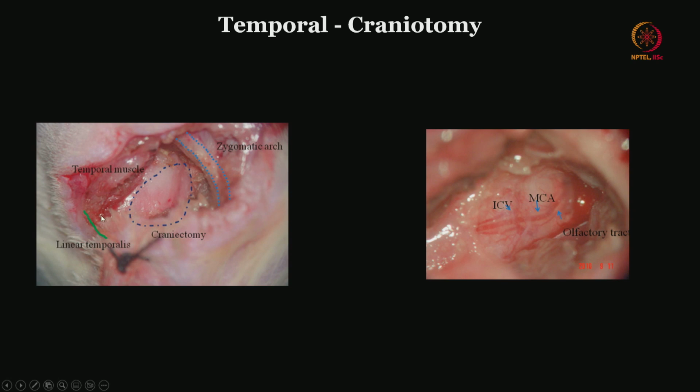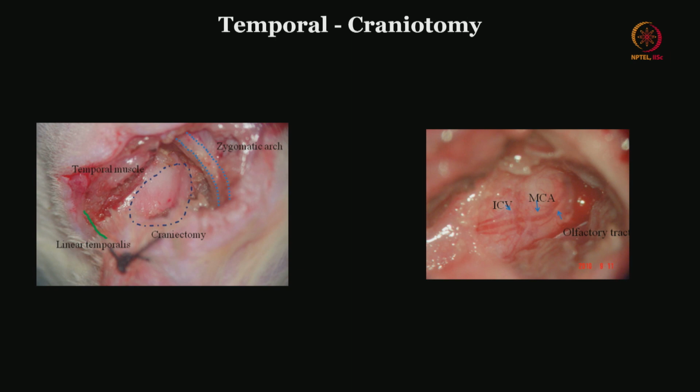So once you split the muscle, now what you see is your craniectomy edges. The word craniectomy is used instead of craniotomy because you're not going to replace the skull flap here. Whereas in parietal craniotomy, once you make a window, for example, you're implanting a surface electrode, you can replace the bone flap, then the word craniotomy will be used.